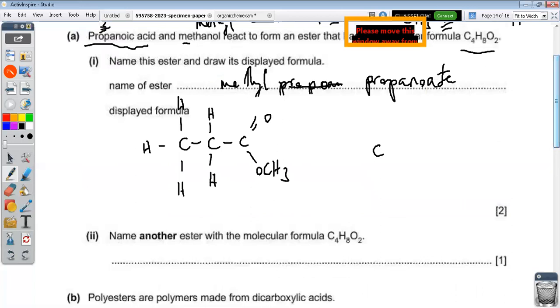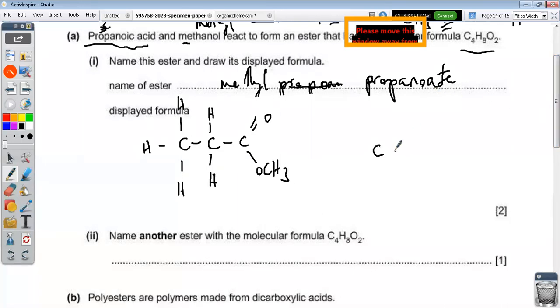Double bond. Carbon. So what could be another with almost the same formula? Can't we have, look at this.